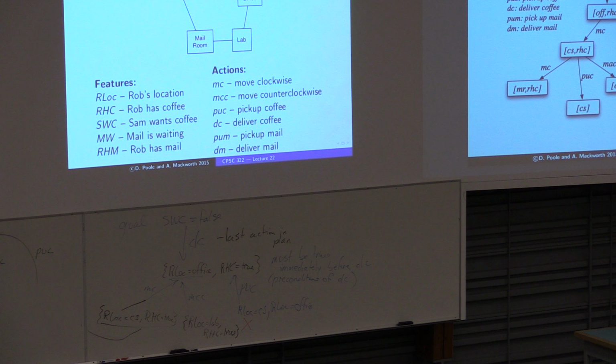Now the one that I really want to do is this one. I want to achieve robot has coffee is true. What has to be true before I do this? What has to be true in order to achieve this? The robot location has to be the coffee shop.